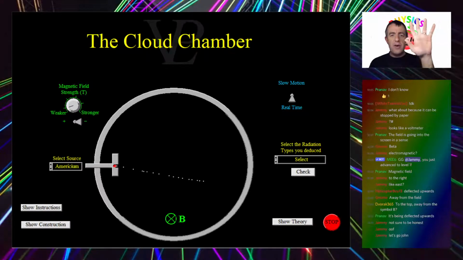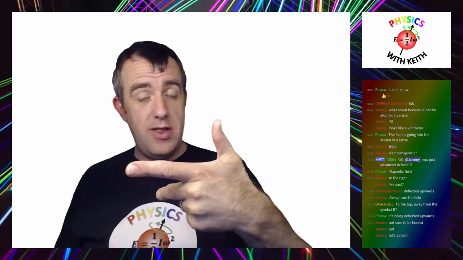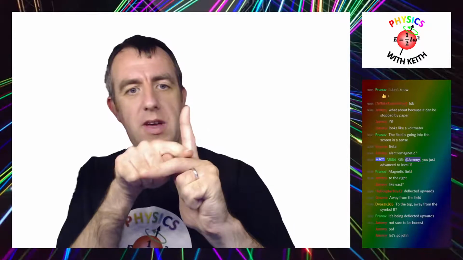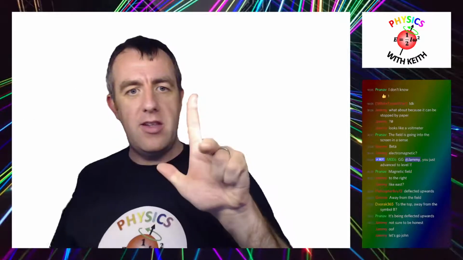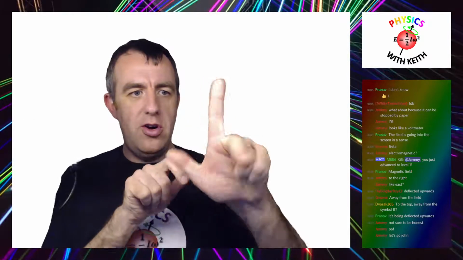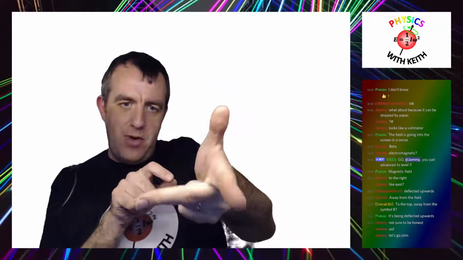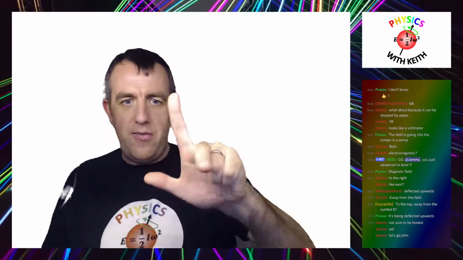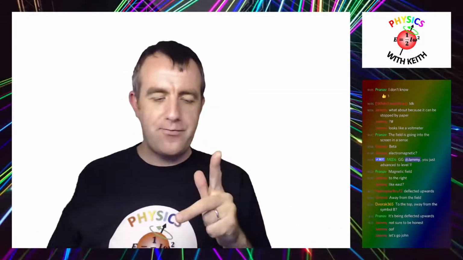And you get your three fingers and you make this sort of shape, where you've got your thumb and your index finger perpendicular to each other, your middle finger and your index finger perpendicular to each other, and your middle finger and your thumb perpendicular to each other. So all of the fingers are perpendicular to each other, like that.